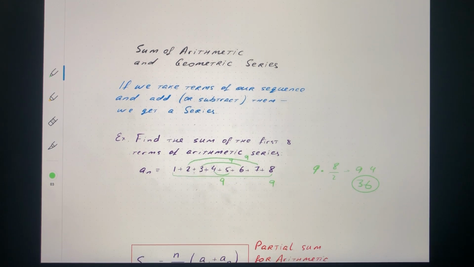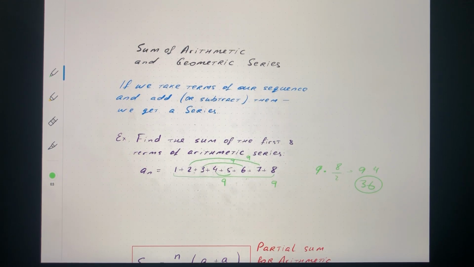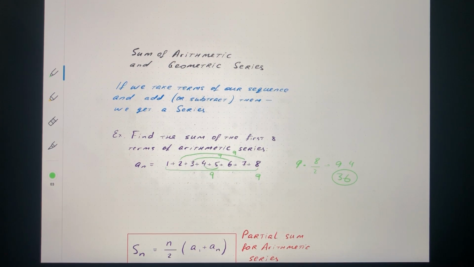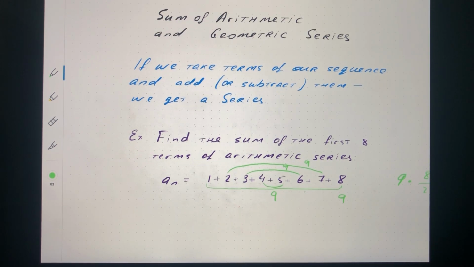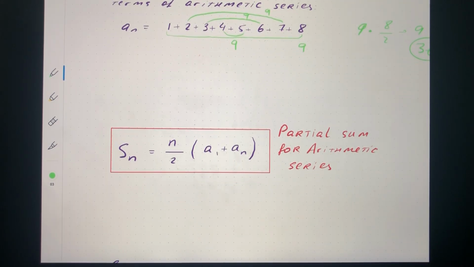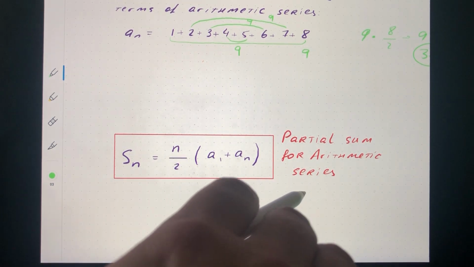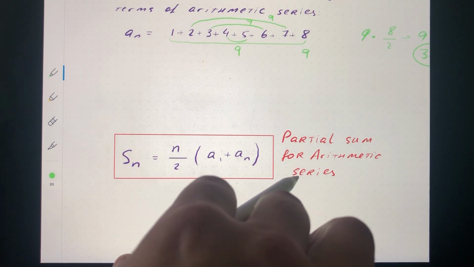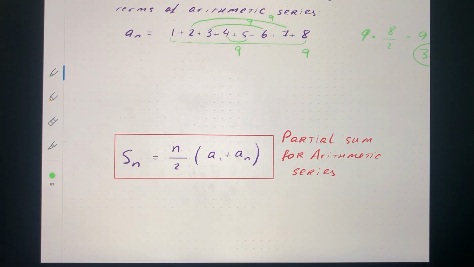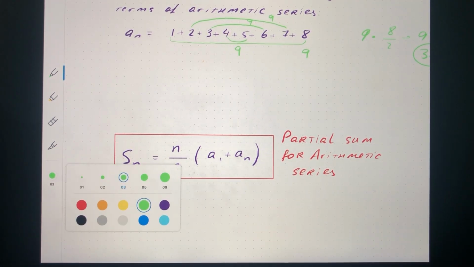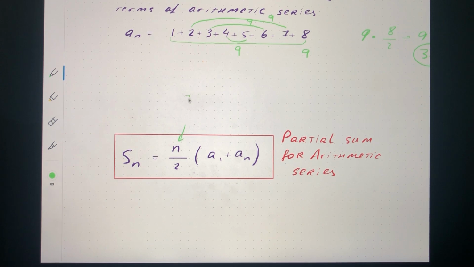Now, the formula for the partial sum is below. So here I'm going to scroll up a little. Here's the formula for the sum of any arithmetic series. And it says exactly what we just did. It says take how many numbers you are adding, which is 8.